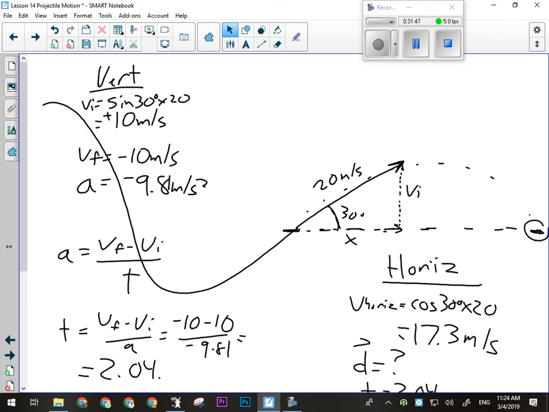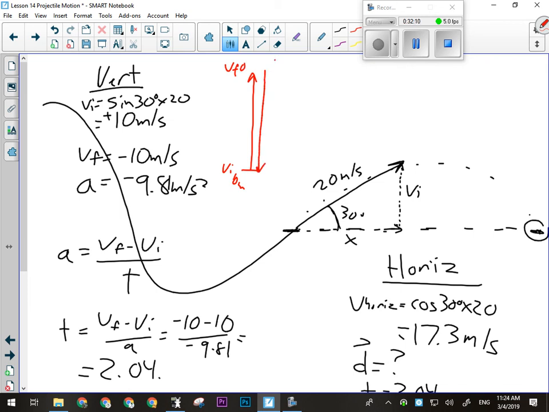That's what's causing that to happen. It accelerates due to gravity on the way up, but it's accelerating down. That's why it slows down. What we see from a vertical perspective is the object moves upwards. Here, VI was 10 meters per second up, and up here, VF was 0. Now it's going to do exactly the opposite thing.